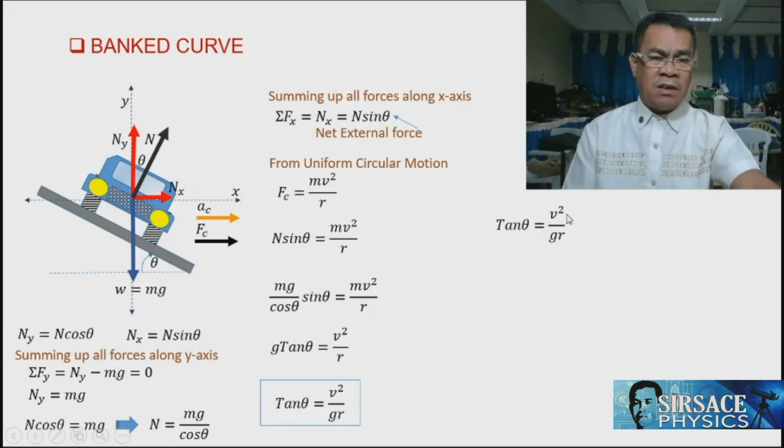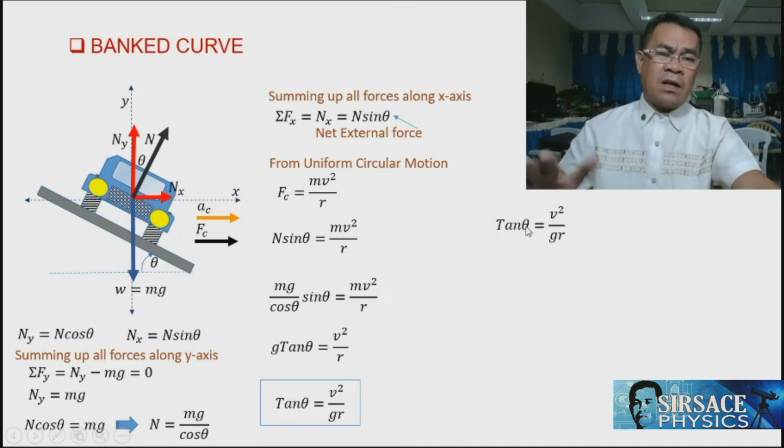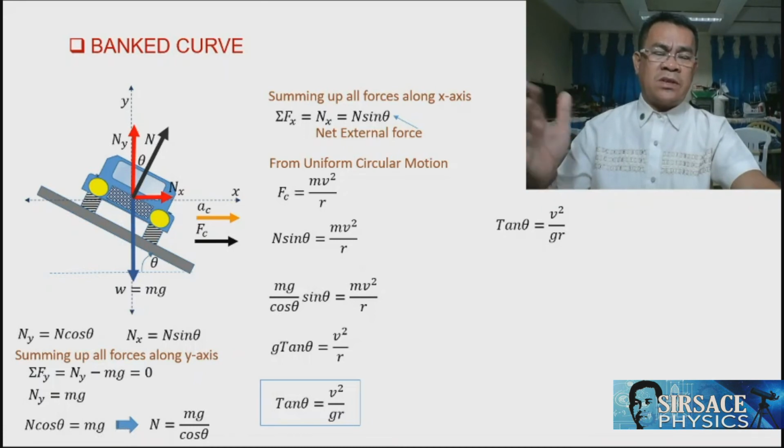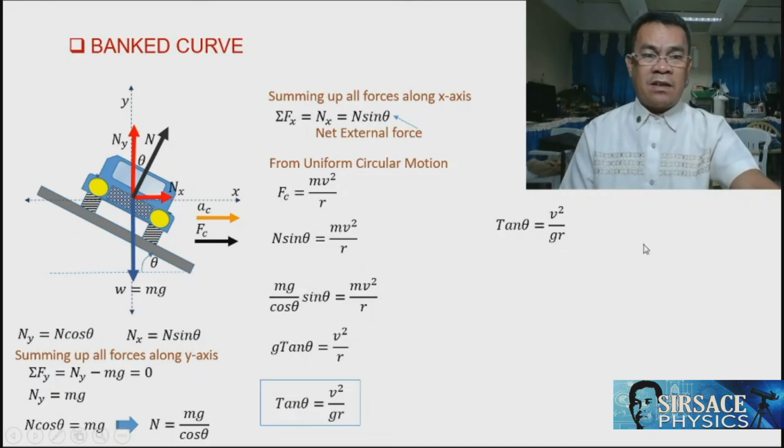How much velocity if we have already the constructed bank curve? Suppose the curve has already been constructed and we found out that we have that angle. So the question is, what will be the maximum velocity in that curve?